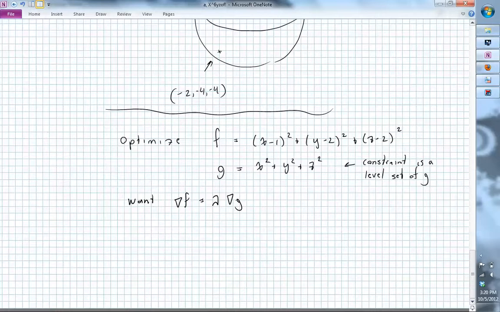What's the gradient of f? Okay. Times lambda, gradient of g.